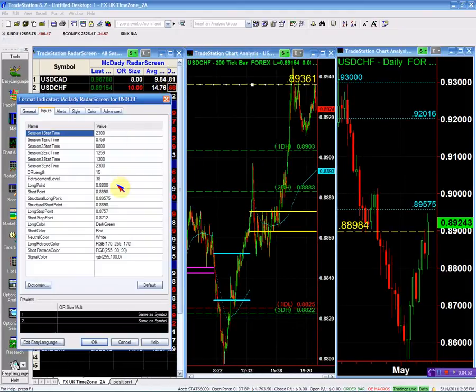Now keep an eye, it's very important to observe that the structure is about 25 pips away, so you can expect it to go above, and you want to buy it at 89.36 because the structure is going to act as a magnet. It's going to pull the prices towards the structure point.